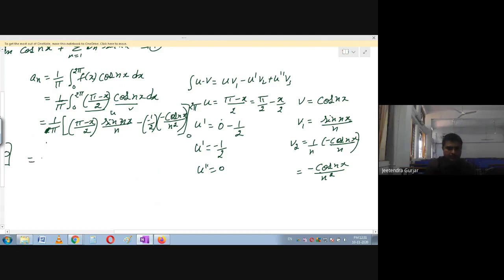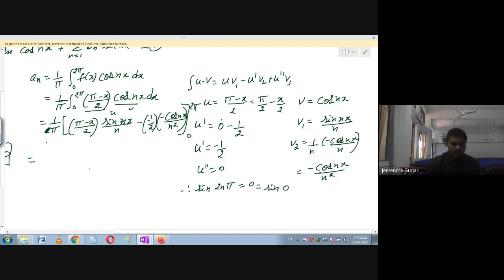So here you can see what all constant terms I can take outside, students. 2 is constant in both these equations, so 2 I will take outside. n is constant, that n also I will take outside. But please remember the formula, that sine 2n pi is equal to 0, which is nothing but sine 0 is also 0.